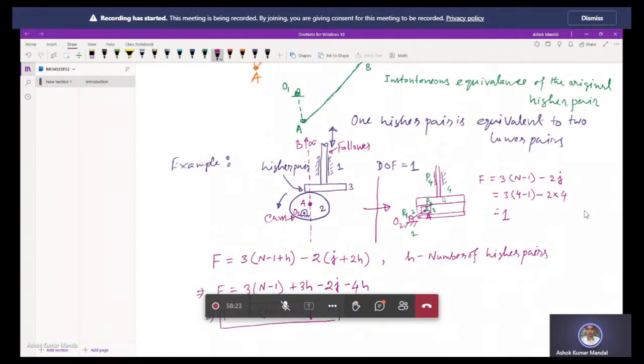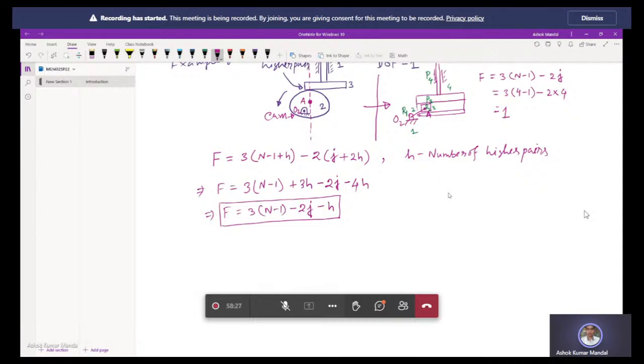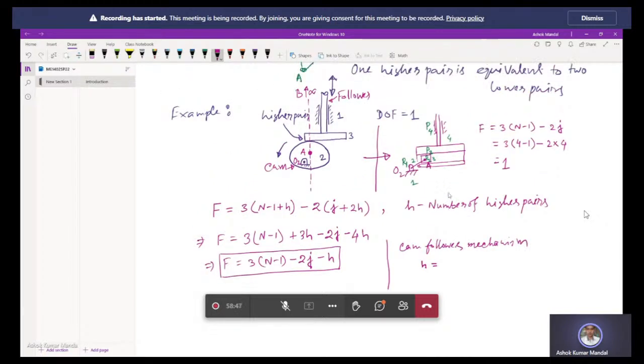Let us apply this formula for this cam follower mechanism. For the cam follower mechanism, what is this h? The value of h is 1, the higher pair number is 1. What is j? 2.